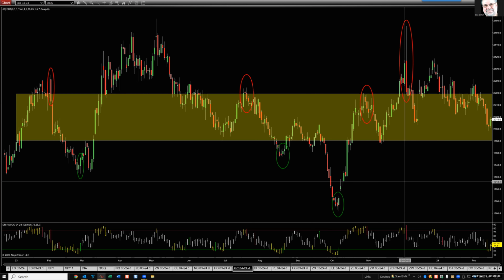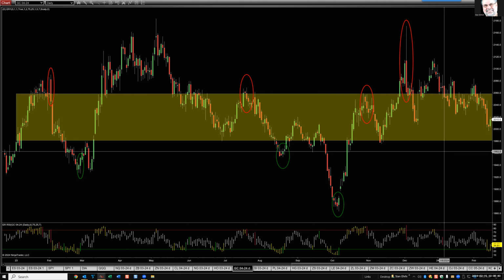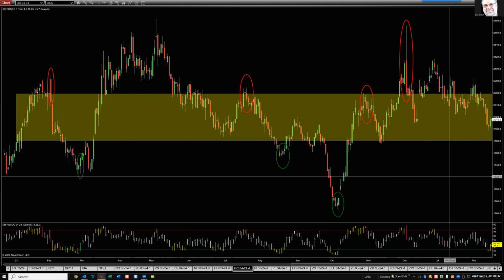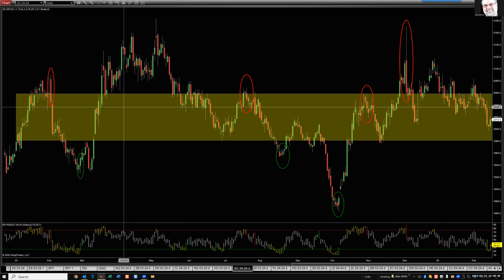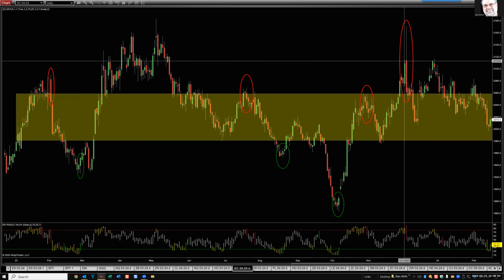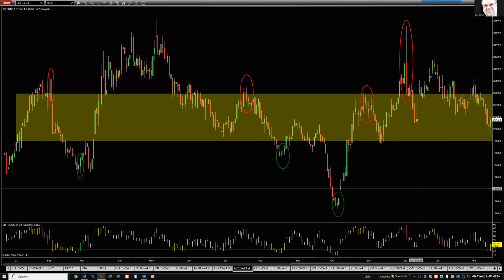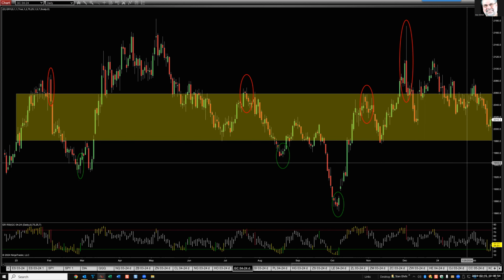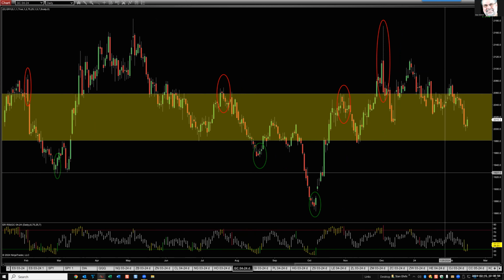Last year was a great year for the signals for gold and silver. Keep your eyes open. Let's see if they start to produce good results again, like last year. That's 1, 2, 3, 4, 5, 6, 7 major turning points just last year with this particular technique.